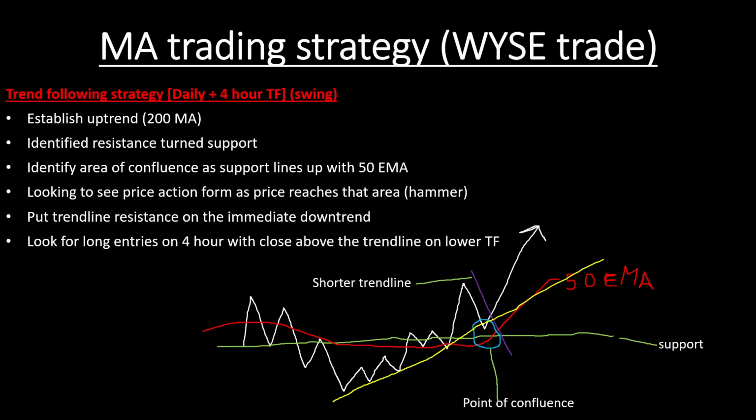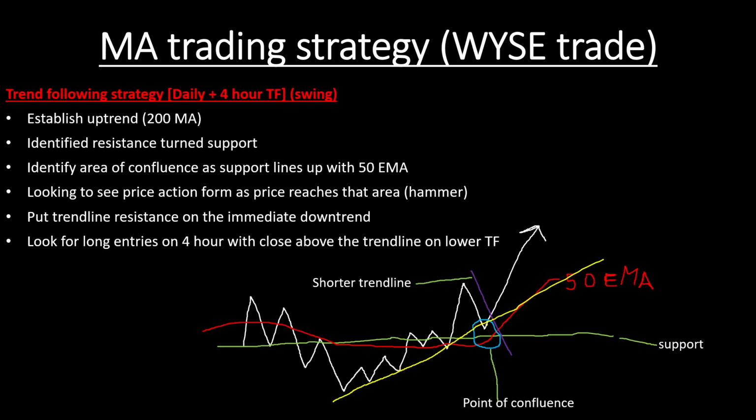And that's what confluence trading is, having multiple areas of value, seeing price react at that level, and then eventually move in the given direction. So we're looking to see price action form as price reaches that area. When price reaches this point of confluence, we want to see price reacting at that level.